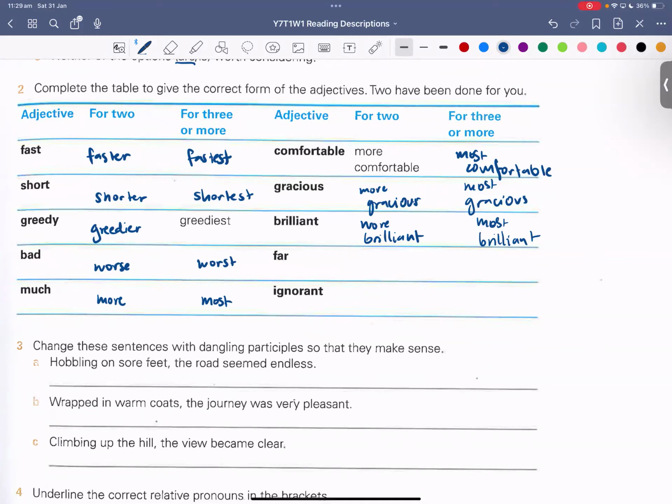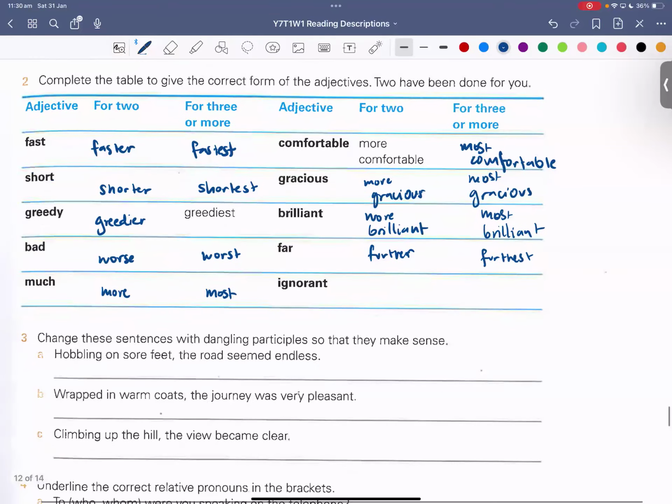Next person. Great. Further, and what was the other one? What was it for three or more? Furthest, yes. What about ignorant? From this side. More ignorant. Again, this is a long 3-syllable word, that's why. And then most ignorant.